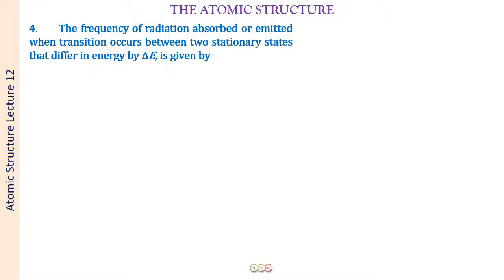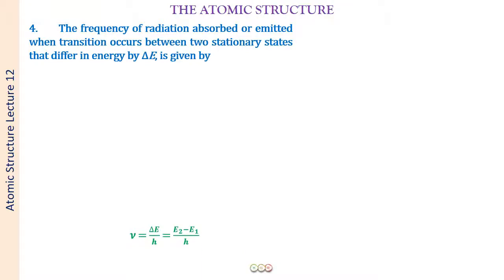And if it is an electromagnetic radiation, that means it must have a frequency also. And we know the relationship between energy and frequency from Planck's quantum theory. What is that? Yes, E is equal to h nu. So we can calculate the frequency of the radiation absorbed or emitted when the transition occurs between two energy states that differ in energy by delta E.